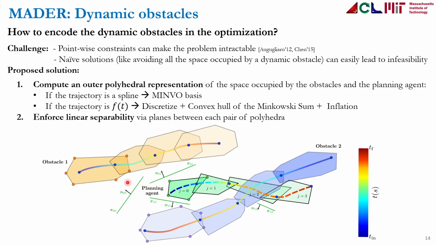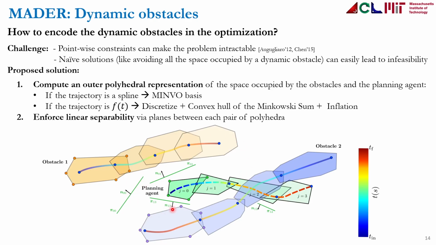Either way, we obtain an outer polyhedral representation of every interval of all these trajectories, and then we simply need to enforce linear separability between every pair of polyhedra. For example, between this polyhedron and this polyhedron, we obtain this plane that separates both of them.